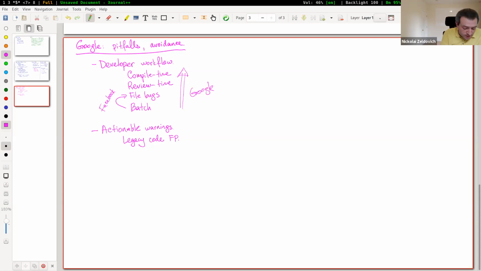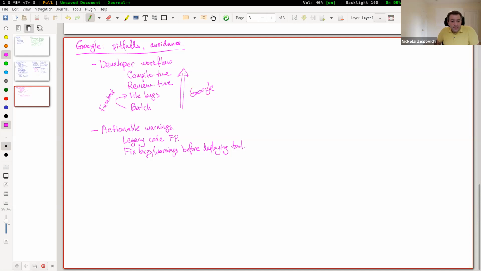Another result of this is this arrow up that I tried to draw over here: I think the Google paper really articulates that you've got to fix the bugs or warnings before deploying a tool. So here you really see this centralized repository coming into play.